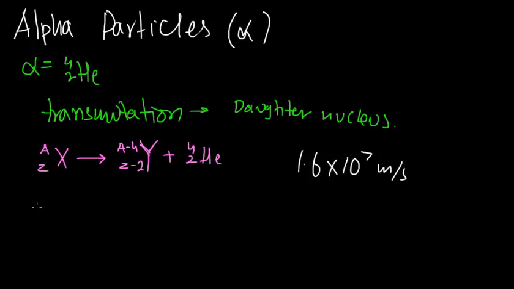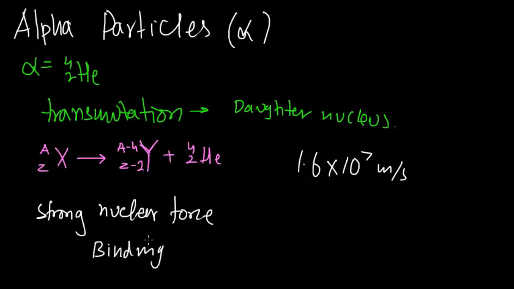The strong nuclear force is a force that binds all of the neutrons and protons in an atom together. And the binding energy is required to overcome the strong nuclear force in order to break up the nucleus to emit an alpha particle.